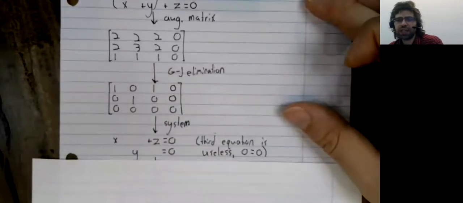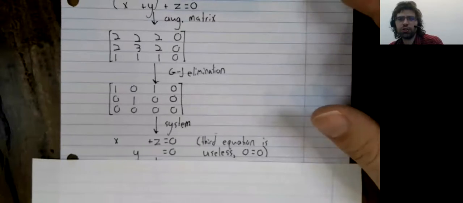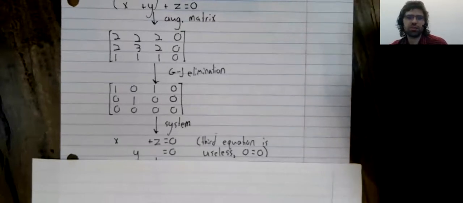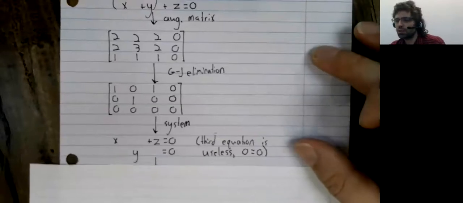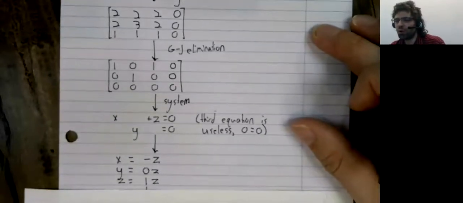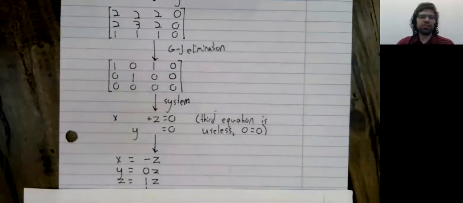Write down the new system. Solve for the dependent variables and write in an equation for the independent variables.